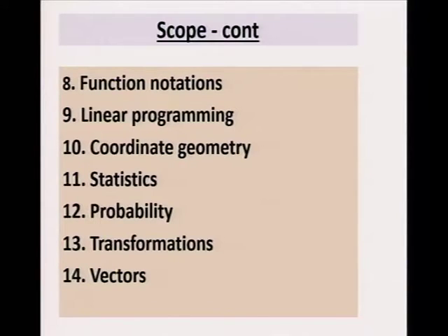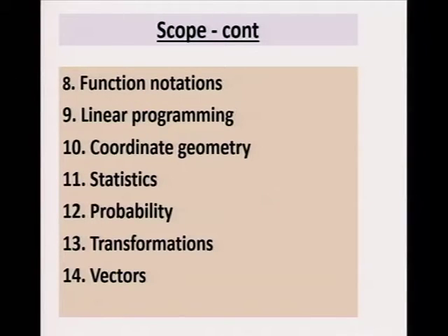Of course, then we have transformations. In terms of transformations, we have to be able to describe transformations correctly and in full, or alternatively, we should be able to identify a transformation that is performed on a grid. We should be able to see that this is this type of transformation, and therefore this is how we describe it.